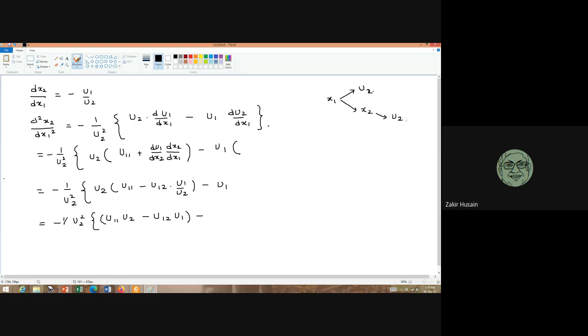This will lead to a change in u2. So what is this direct effect? So u21. Plus this effect du2 by dx2, not dx2 by dx1.